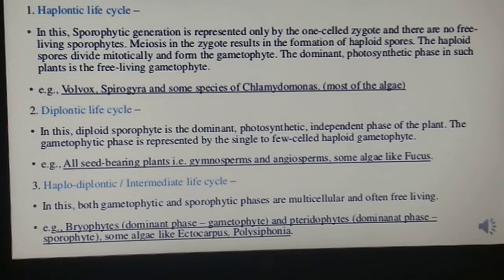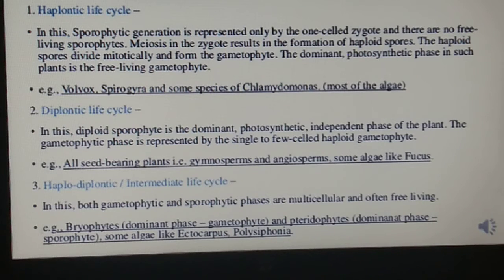Now students, this is the last topic of this chapter, the different types of life cycle in plants. Life cycle can be of three types: haplontic, diplontic, and haplodiplontic or intermediate life cycle. In the first one, the sporophytic generation is represented only by the one-celled zygote, and there are no free living sporophytes.